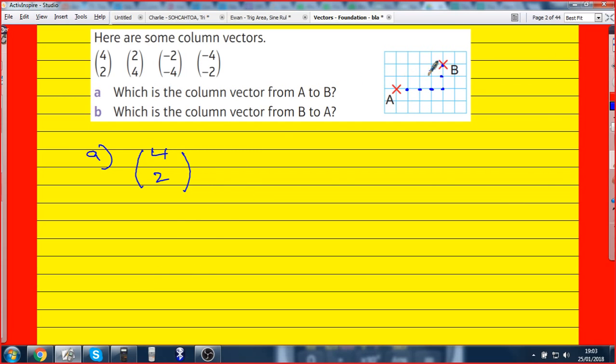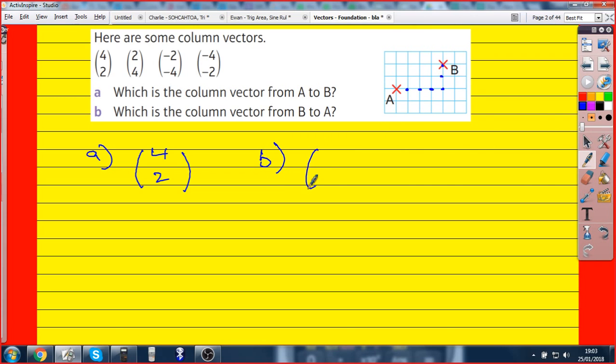Okay, and so what is the column vector from B to A? Is it -4, 2? 2 down? Oh, -2. Got it.